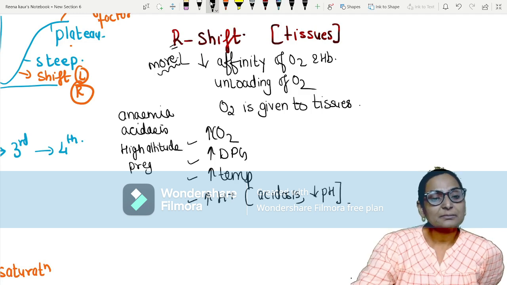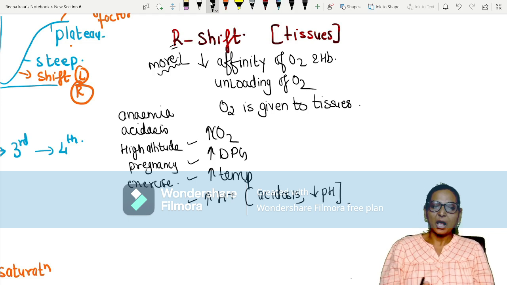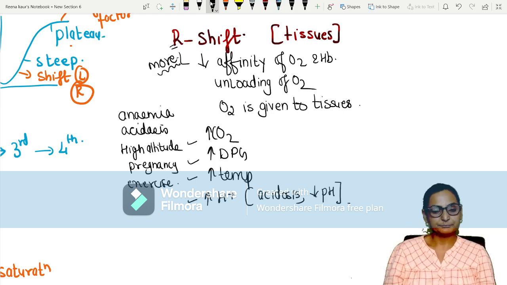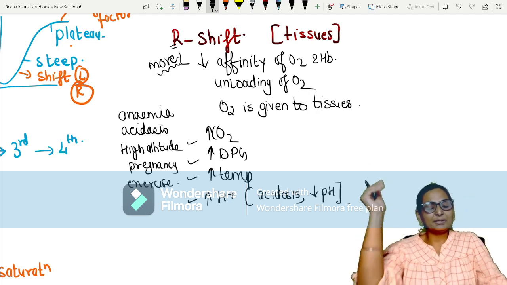Even pregnancy, even exercise, right shift. So conditions which can cause right shift are AA. So right shift will be, right means more, and right means you are giving it to the tissues.